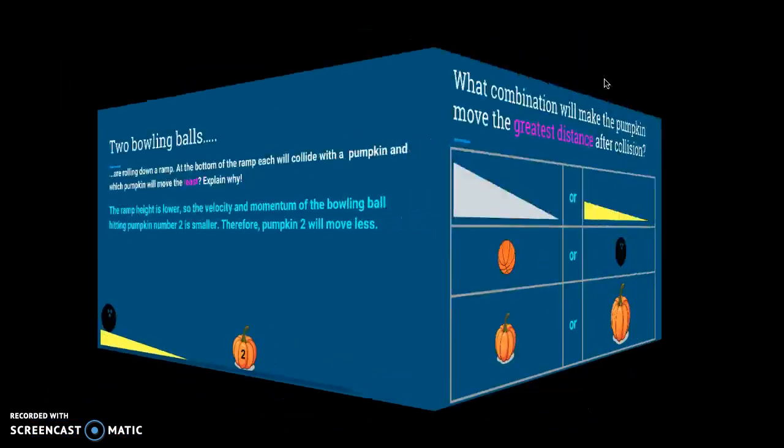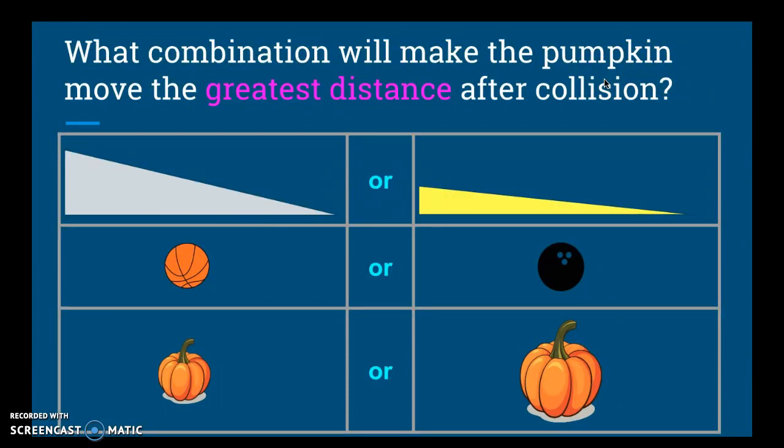Okay, so which combination will make the pumpkin move the greatest distance after the collision? A tall ramp or a short ramp? A basketball or a bowling ball? And the small pumpkin or the larger pumpkin? You want the pumpkin to move the greatest distance.